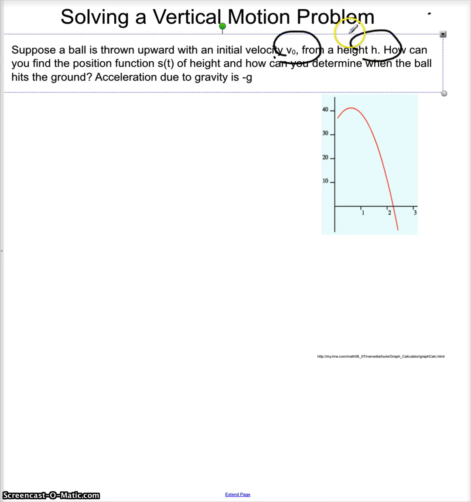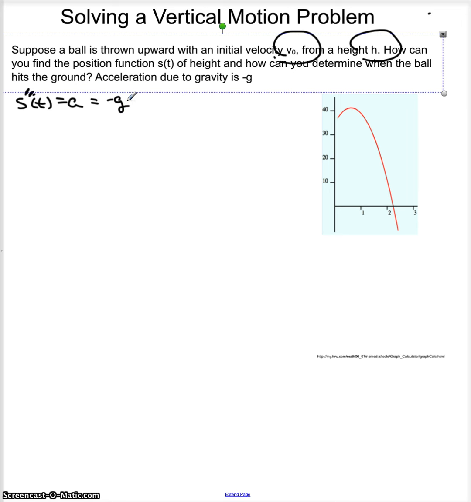How can you find the position function and height, and how can you determine when the ball hits the ground? Now we're going to assume the acceleration due to gravity is minus g. Now, you remember the acceleration is the second derivative of position. And we know that this is equal to minus g.